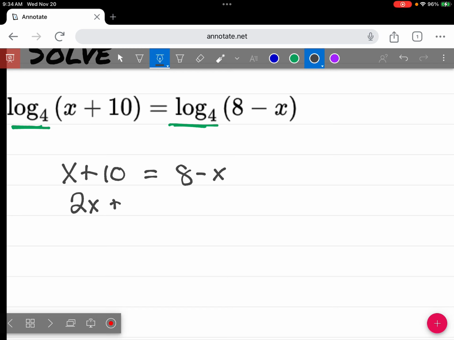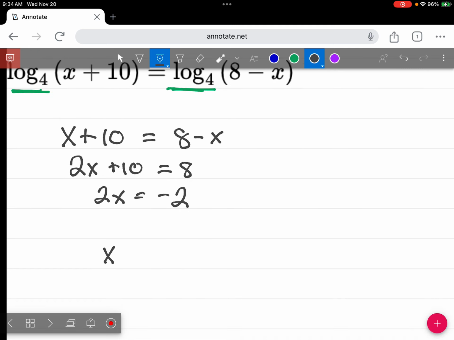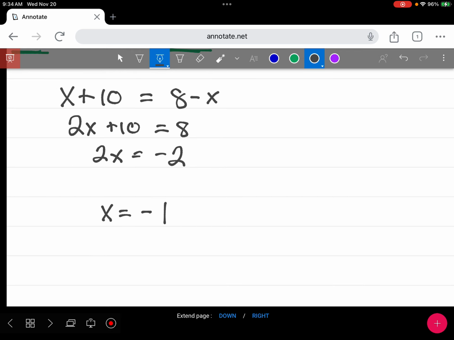So I've got 2x plus 10 equals 8. Subtract the 10. So I get 2x equals negative 2. So what does x equal? Negative 1. Is that okay, or does that make something invalid? That's okay. We have positive arguments on both of them there.